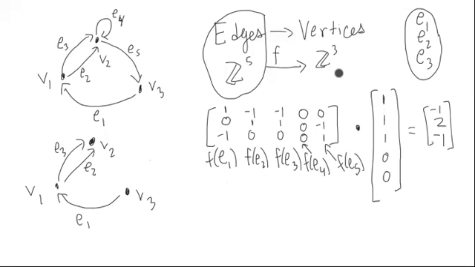Now, this could have also been obtained if we thought of a different collection. Why don't we do something like E1 to E2. So let's see what happens here. 2 and 0.